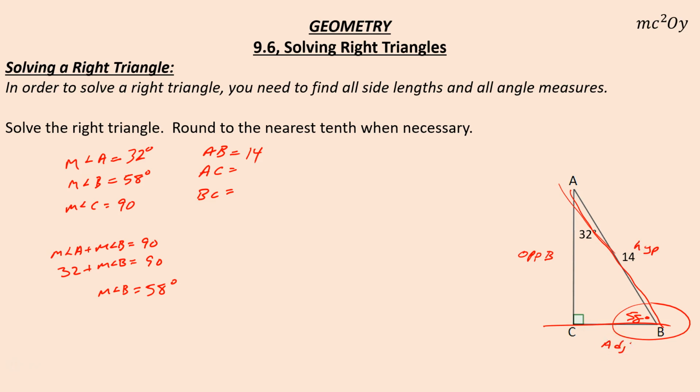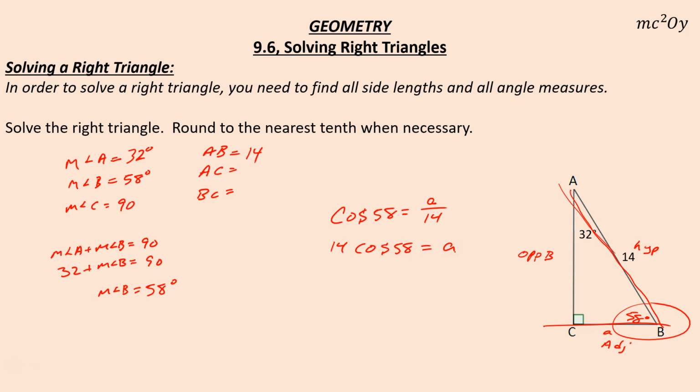Okay, so if I want to find, for instance, BC, which is little a, I would know that the cosine of B, or the cosine of 58, is going to be equal to the adjacent side, side A, over the hypotenuse, 14. You got to go 14 times cosine 58 equals A.